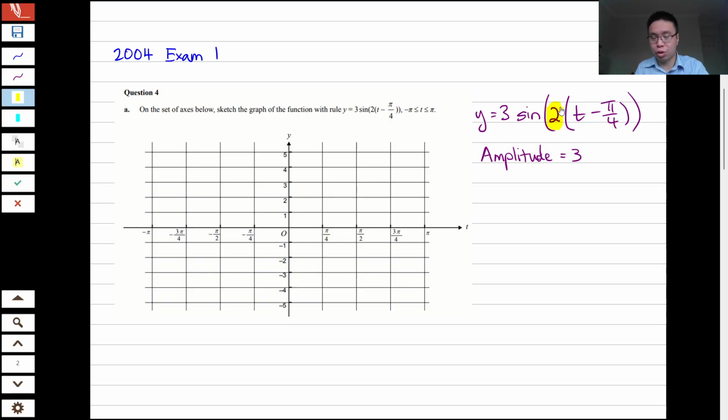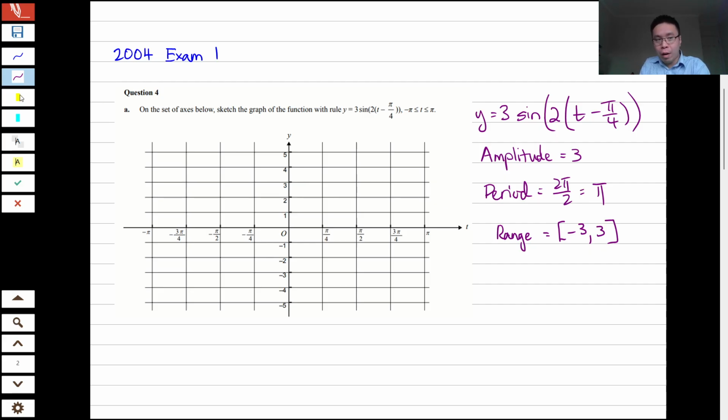So this is sine of 2t with a translation. So we can use our 2 pi on n formula: 2 pi on 2, which gives me pi. So I immediately know a few useful things. First, I know that the graph is going to go between -3 and 3, and I also know that the graph is going to repeat every pi units.